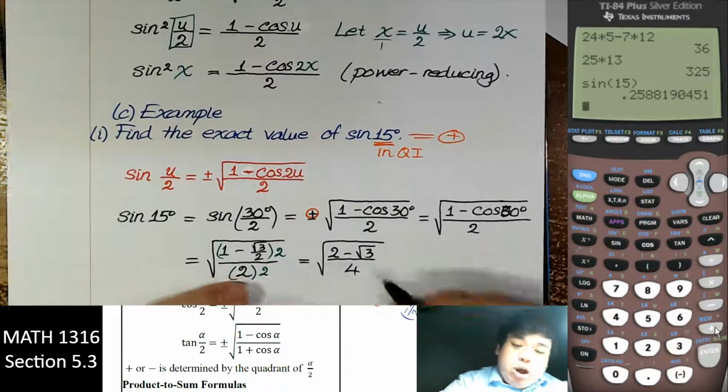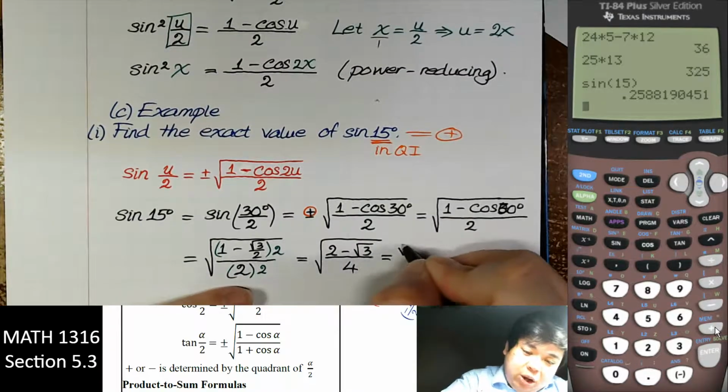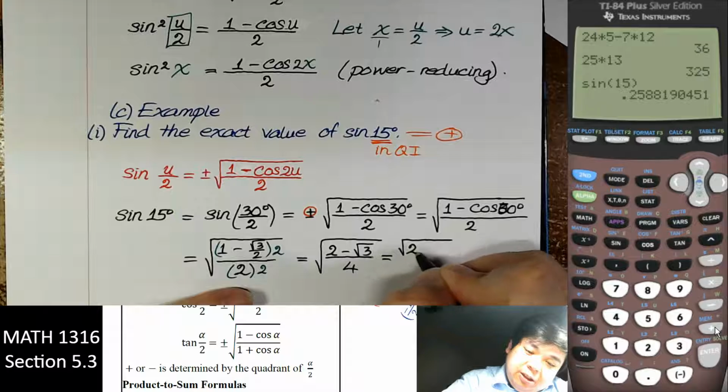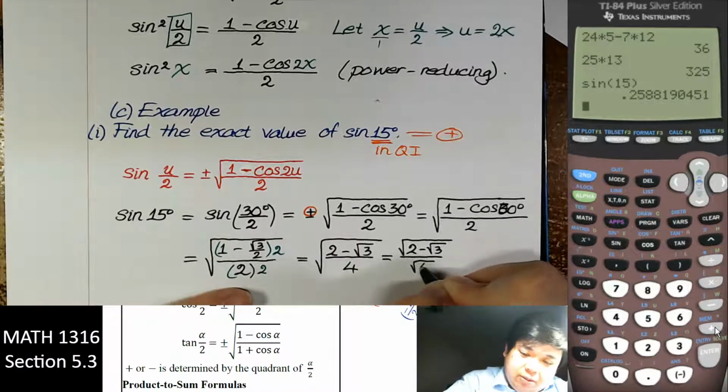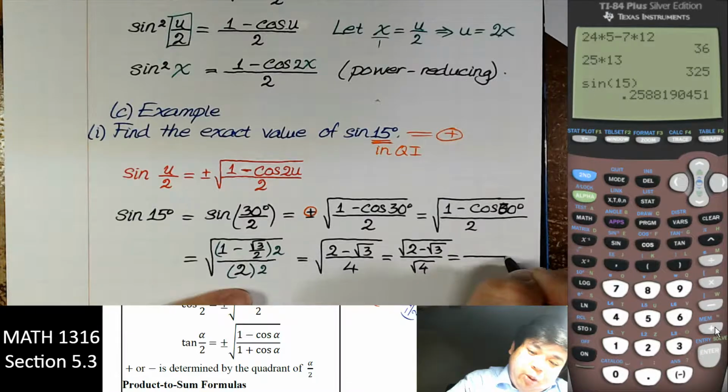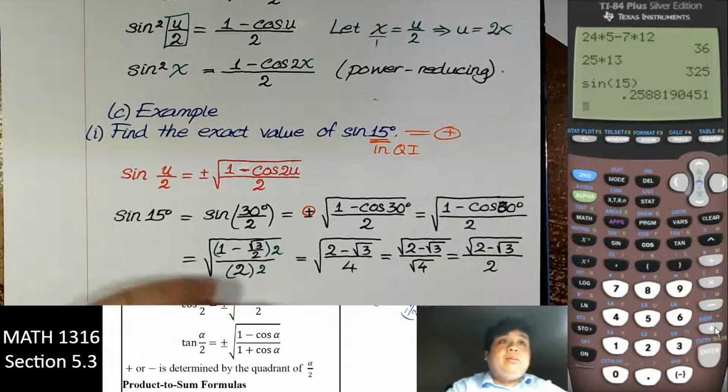Now split the square root. The square root goes on the top, and the square root goes to the bottom. The square root of 4 is 2 at the bottom. The top is the square root of 2 minus the square root of 3.